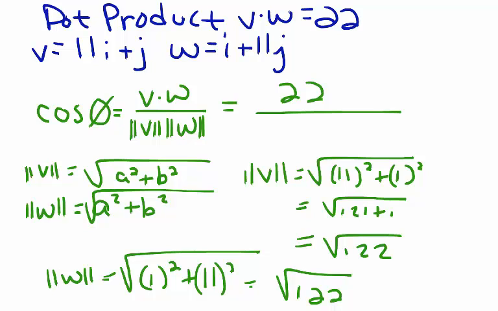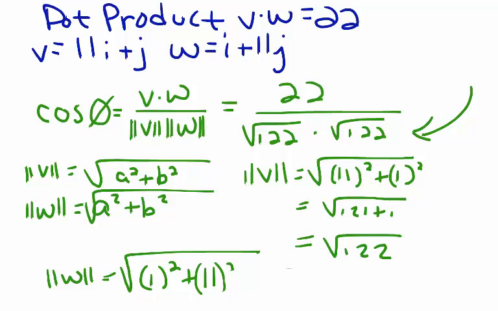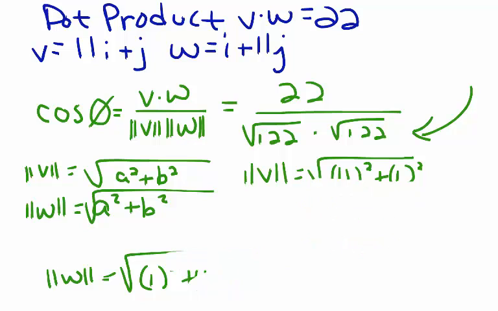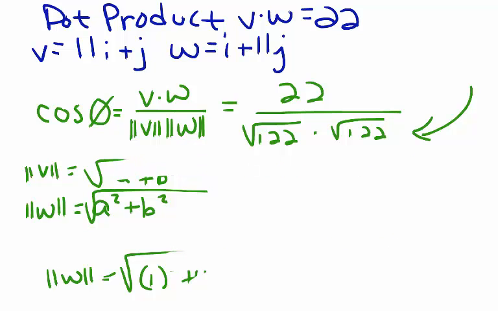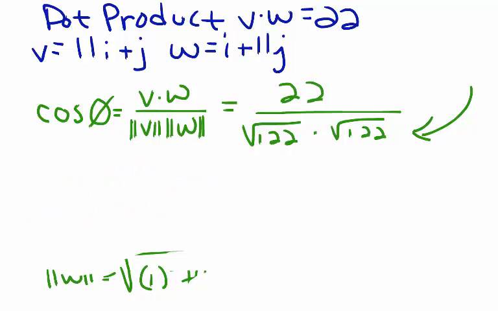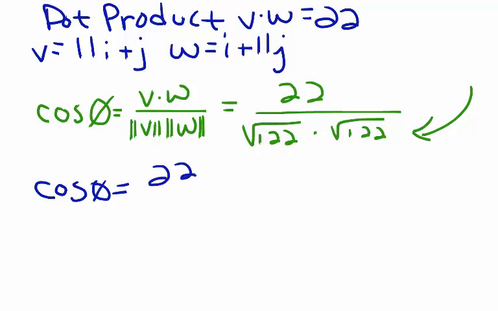So in the denominator of our fraction, we have 22 divided by the square root of 122 times square root of 122. And so let's erase these to make a little extra space here, rather than going to a new screen. I now have cosine of theta is equal to 22 divided by 122.